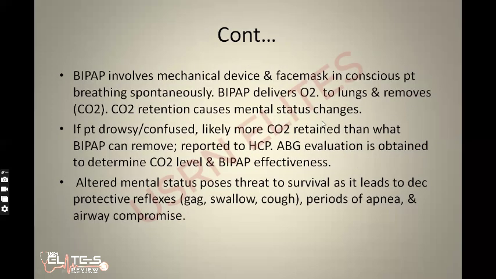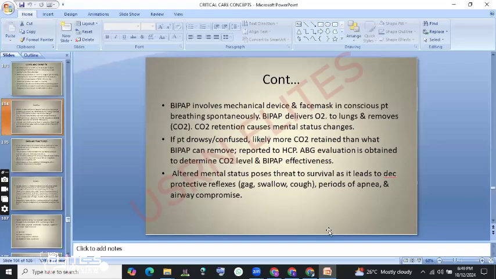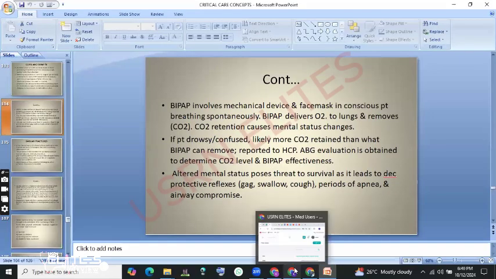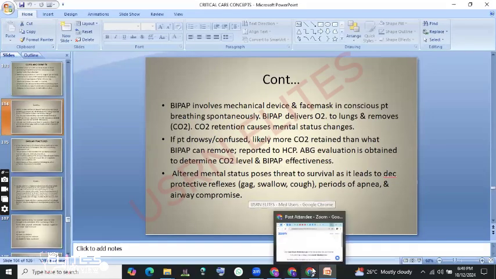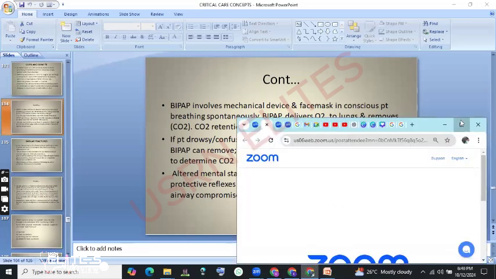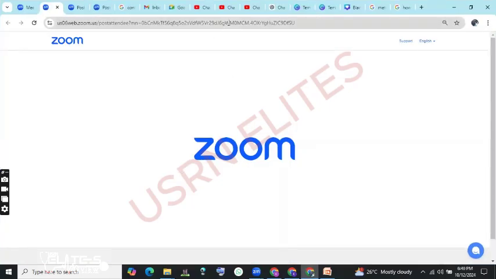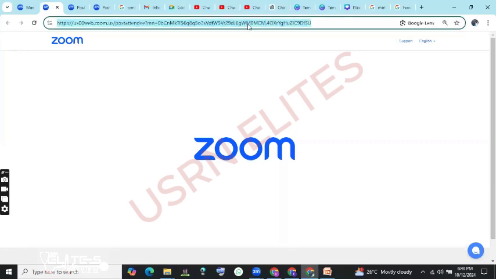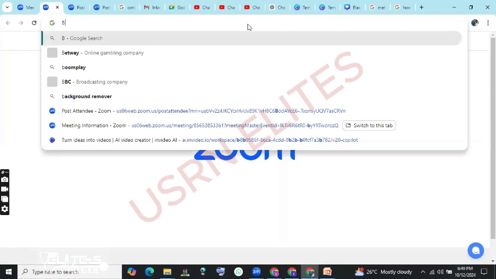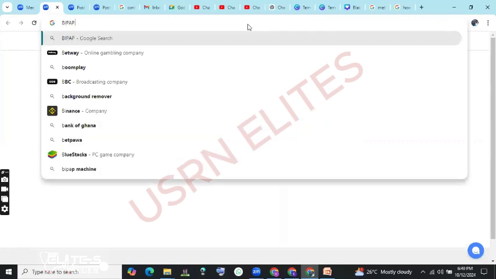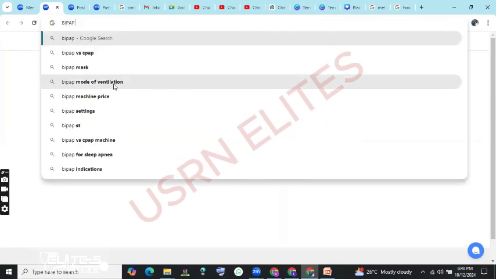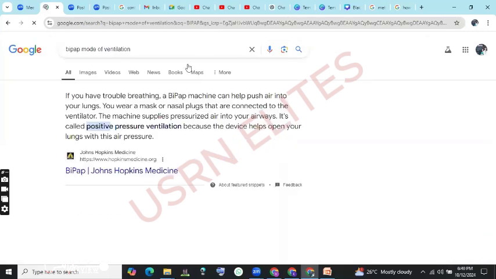Let me show you something here so that you appreciate what we are talking about right now. BiPAP mode ventilation.